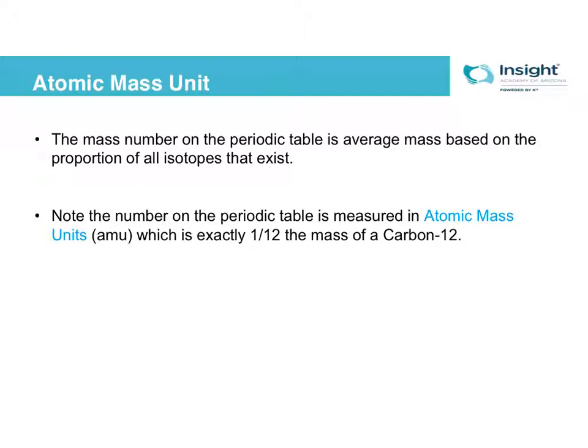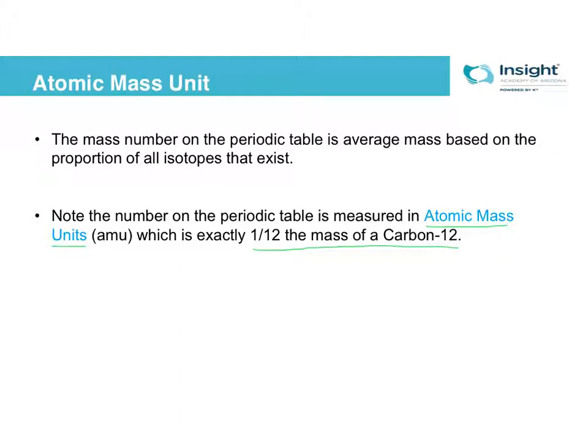Another thing I want you to be familiar with is this term atomic mass unit. That number on the periodic table, that mass number, is technically measured in atomic mass units, or AMUs. Way back in the day, people who determined these numbers based it off of being 1/12 of the mass of a carbon-12.